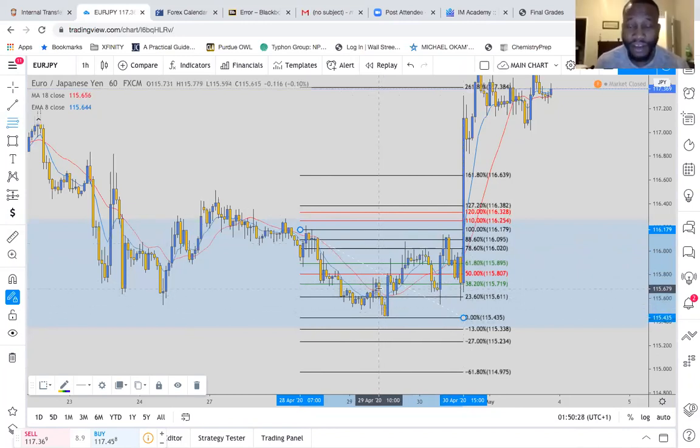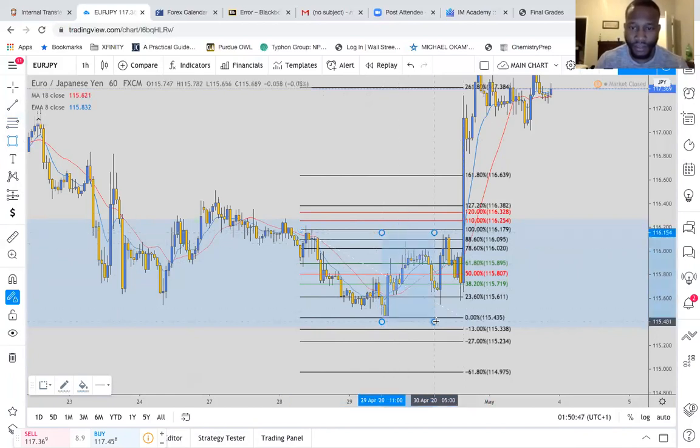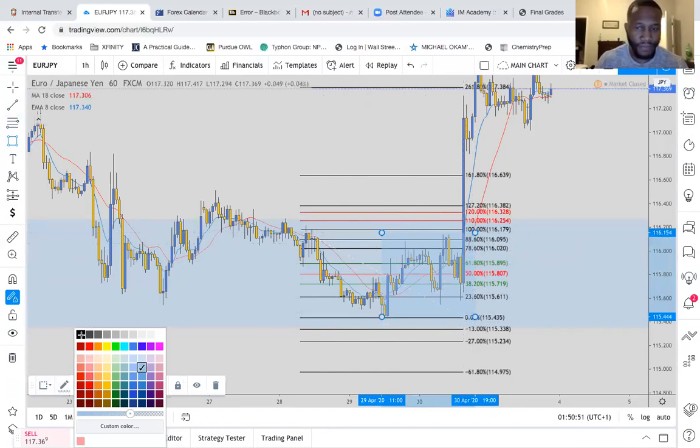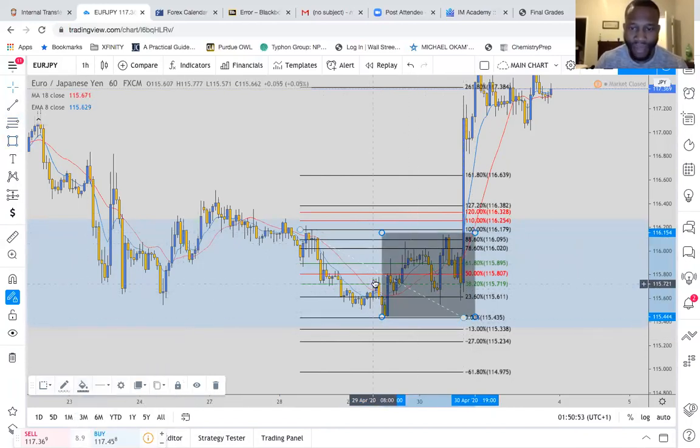Anytime price hits 38.2, you're expecting a strong impulsive move. Okay. Let's ignore this right here. Let's just focus on when price hit 38.2.